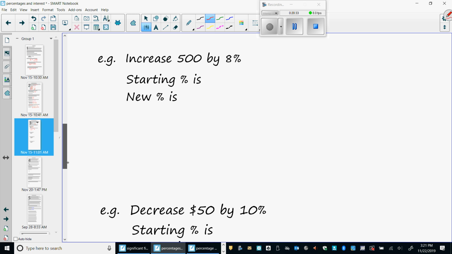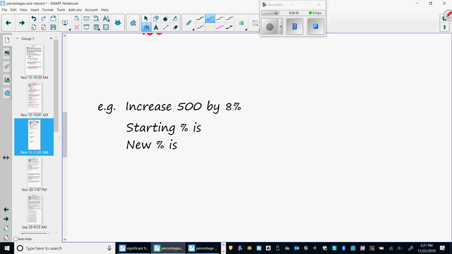Okay, next one. So we're increasing 500 by 8%. So starting percent was 100. New one is 108.